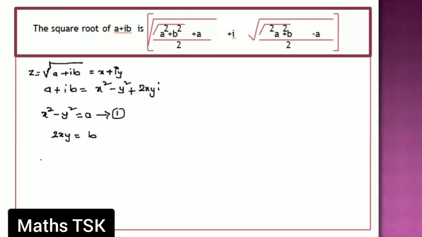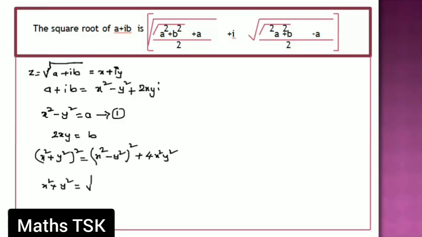Right? x square plus y square whole square is nothing but x square minus y square whole square plus 4x square y square, which is a square plus b square. Here x square is positive, y square is positive.